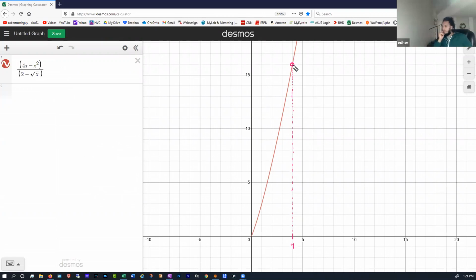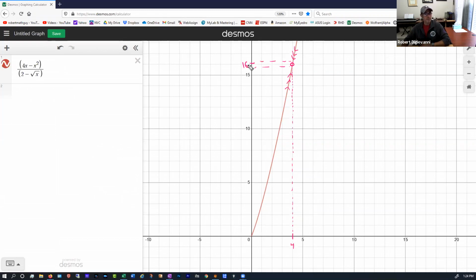Now, we took the limit, and we found out that as you come in from the left and you come in from the right, those y values are approaching 16. We did that without ever looking at the picture.